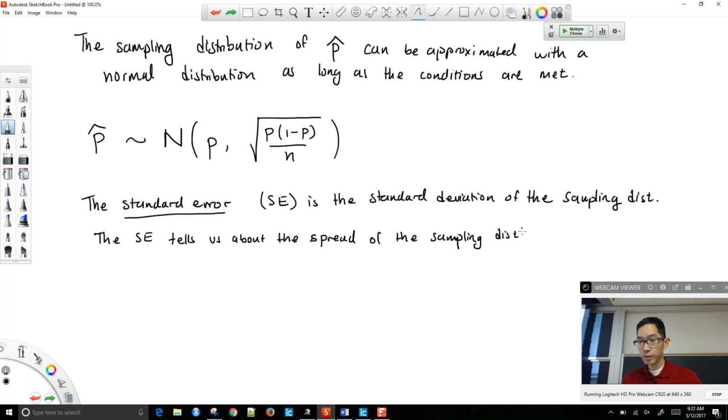And if we think about what the sampling distribution tells us, it tells us about random samples and how they relate to the population, right?